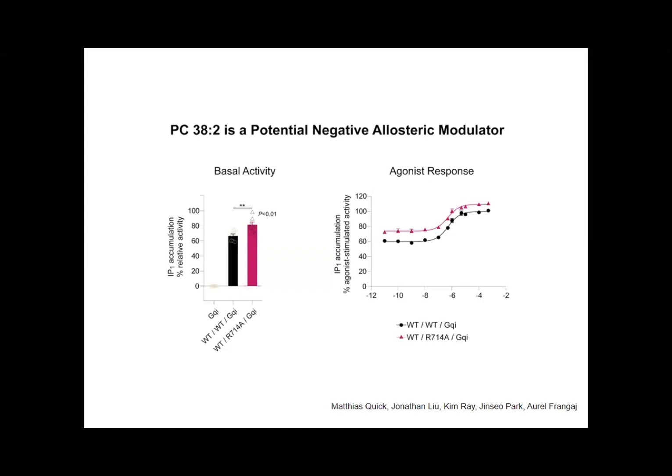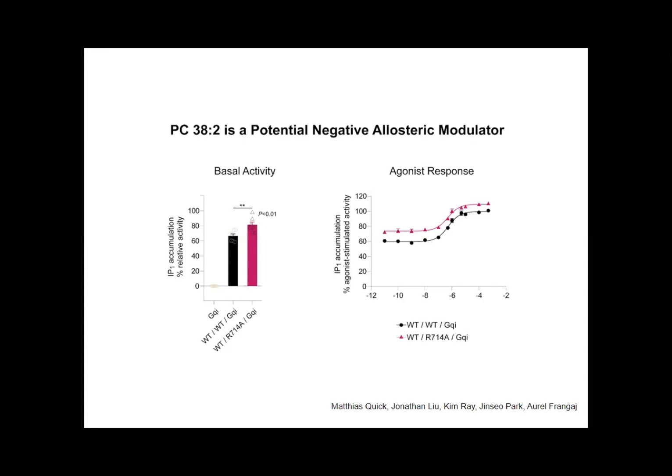This mutation is expected to enhance the movement of PC within GABAB2 by eliminating a critical contact with the lid that covers the lipid. Our results suggest that the PC molecule may act as a negative allosteric modulator of GABAB receptor by stabilizing the inactive conformation of GABAB2.